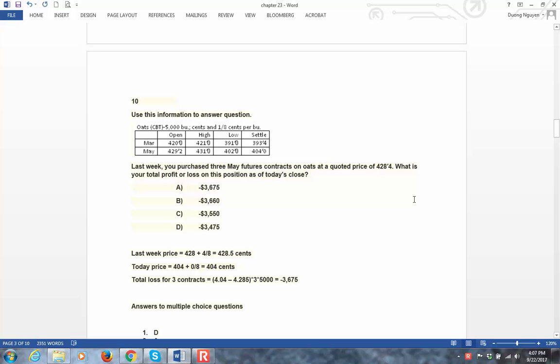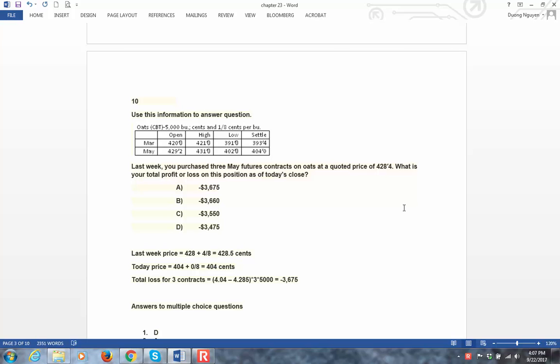Now if you see 428 and 4, it means the futures price at that time is trading with 1/8 tick. So the 4 means 4/8 of a cent.